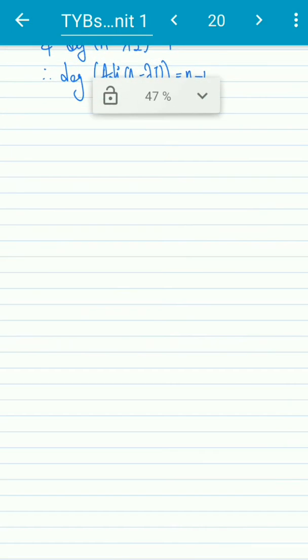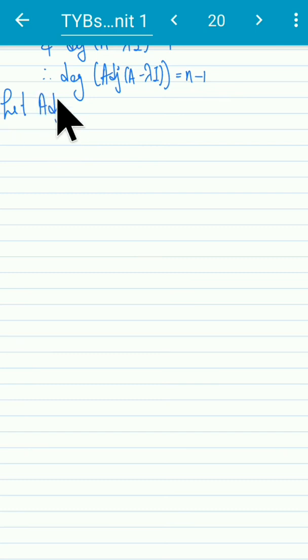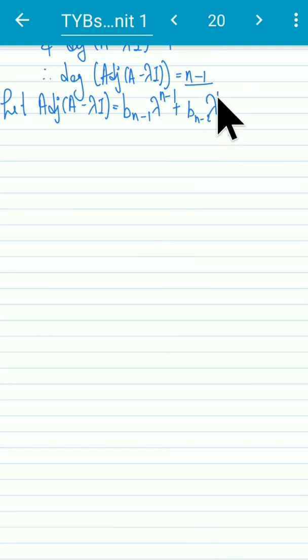Now I will do the same thing again. Let the adjoint of A minus lambda I be a polynomial of degree n minus 1, so I will write it as b n minus 1 lambda raised to n minus 1, plus b n minus 2 lambda raised to n minus 2, plus dot dot dot, plus the last one, b naught, and everything is multiplied by I, the matrix. So this is my adjoint.